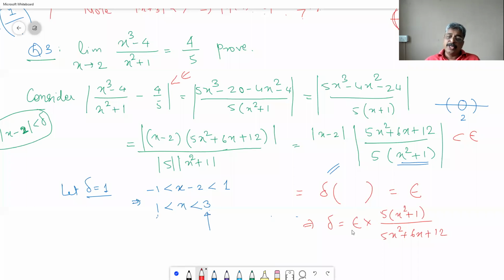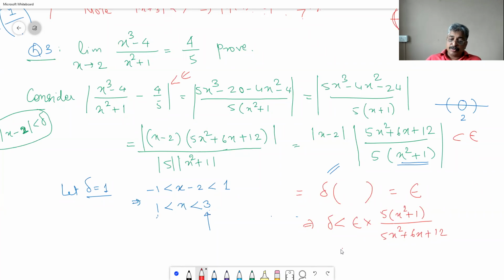Therefore delta should be less than epsilon into this quantity. Now if we want to be safe, we should put bigger number in the denominator and smaller number in the numerator.